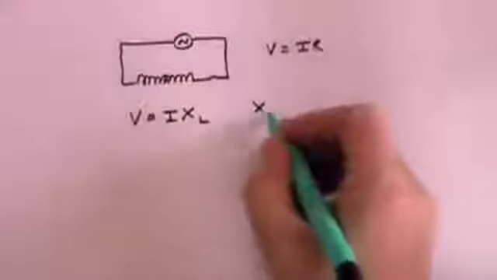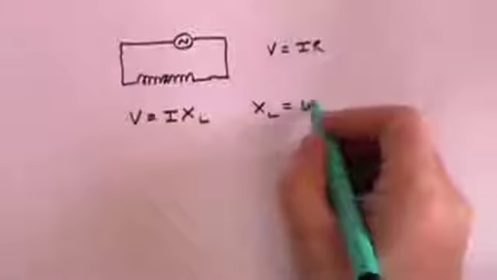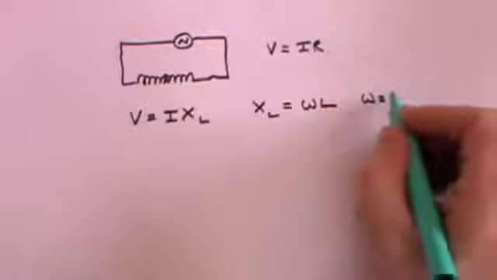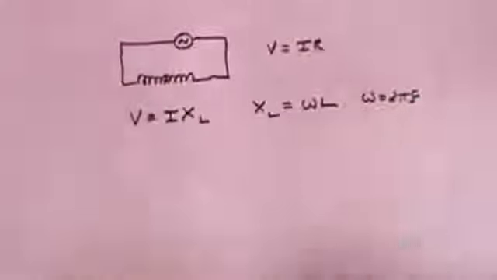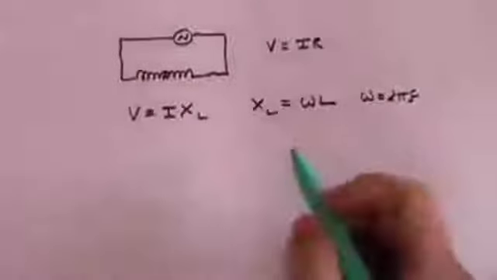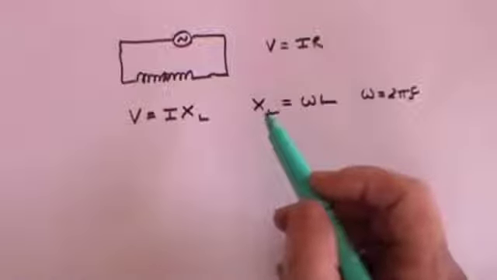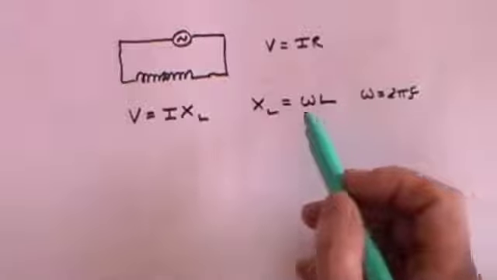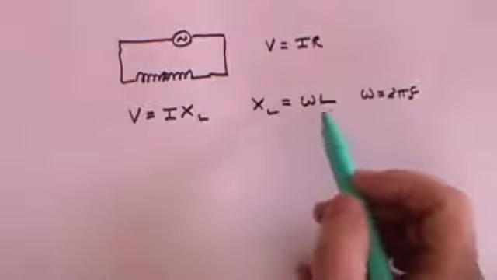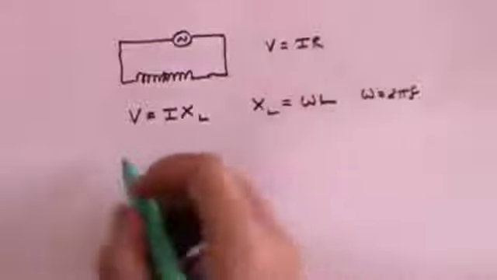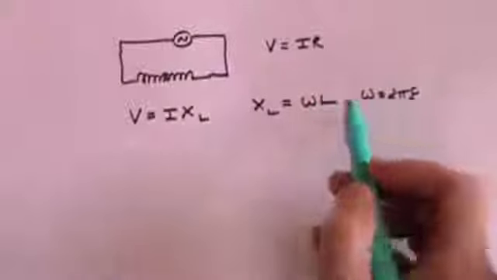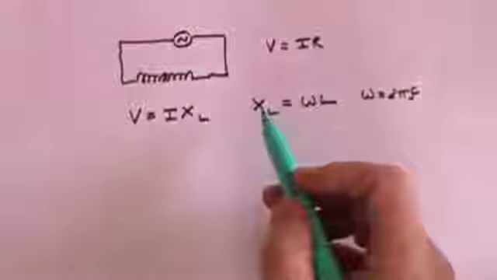And on this occasion, XL is equal to omega times L, where once again omega is 2 pi times the frequency. So whereas the reactance of a capacitor was 1 over omega C, for an inductor the reactance is omega L. And what that means is that, of course, as omega increases, in other words, as the frequency increases, the reactance will increase.